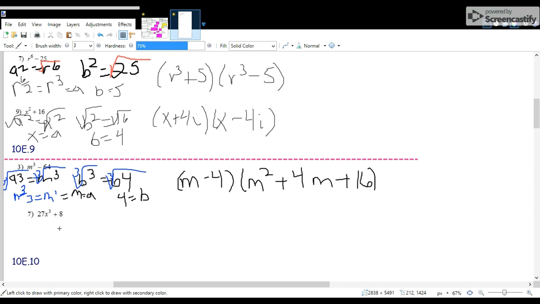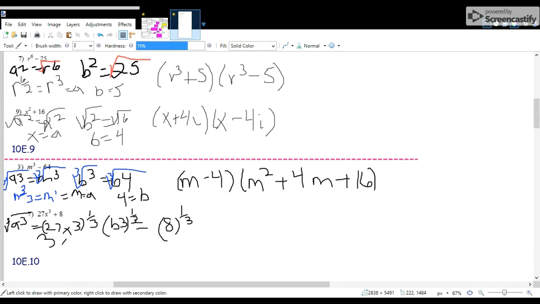Okay, let's look at this one. Number 7. 27x cubed plus 8. Let's identify a cubed and b cubed. Take the cube roots. Okay, the cube root of 27 is 3.